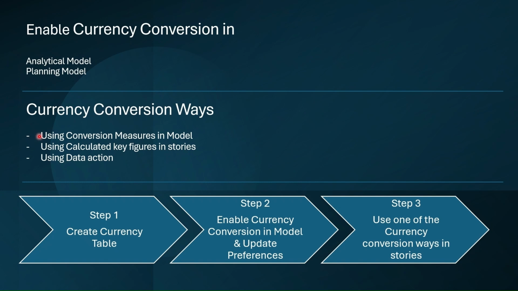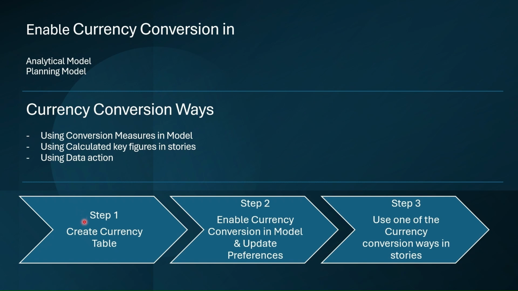Or you can create conversion measures in the model and add those conversion measures directly into the story. And the third way is using a data action. You can create a data action for the currency conversion and run that data action in your stories to populate the converted values on the fly.